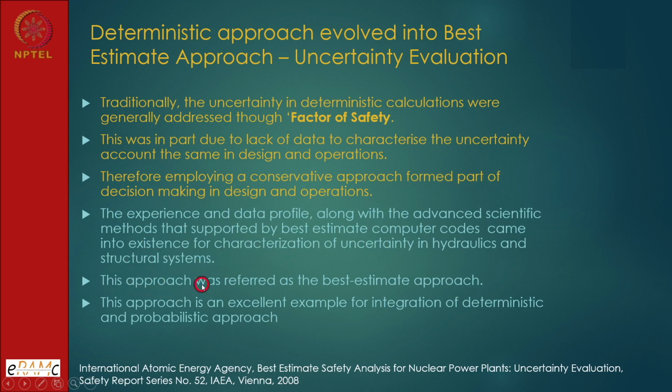Then in this best estimate approach, uncertainty characterization also forms part of it, and regulators will have their own probabilistic consideration. To sum up this discussion, probabilistic and deterministic are combining together to give the best estimate approach.